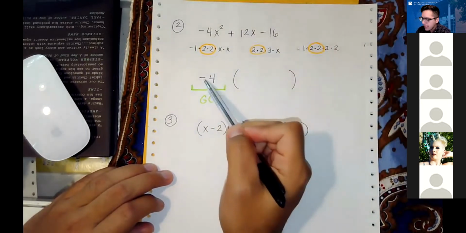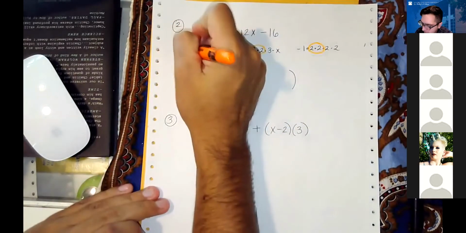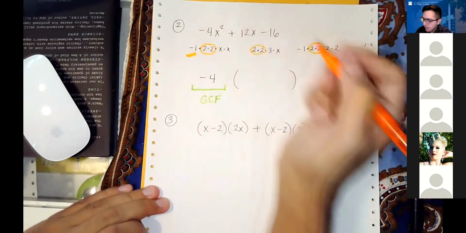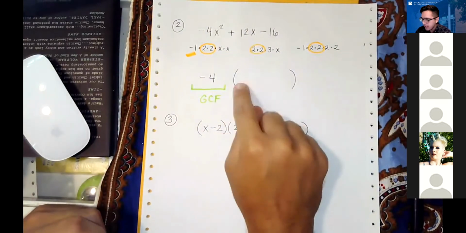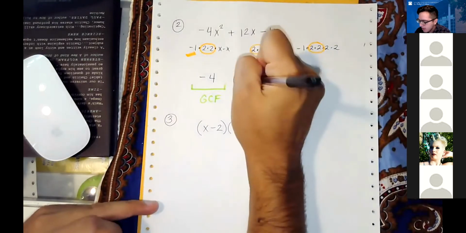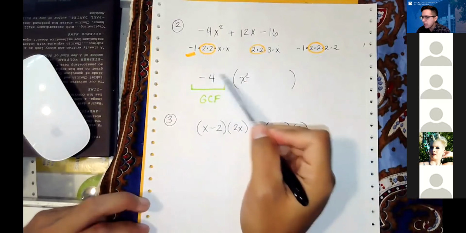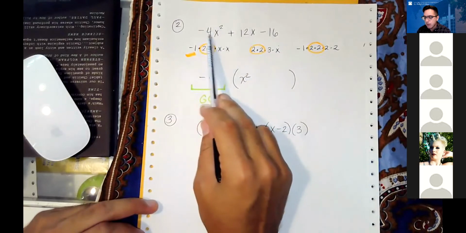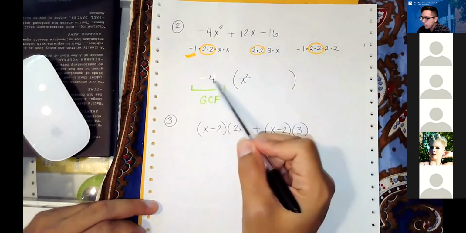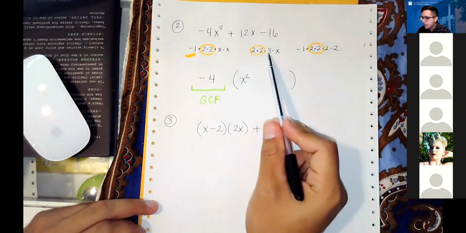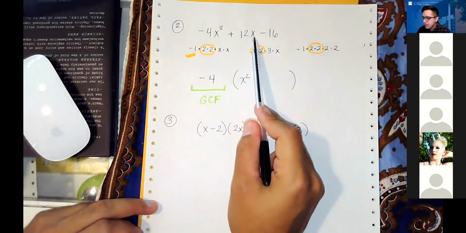If I took out a -1, that means I've used this factor here, so all I need is an x squared. This should make sense: -4 times x squared gives you -4x squared. Moving on to the next term, we want to think about -4 times 3x. Does that give us positive 12x?